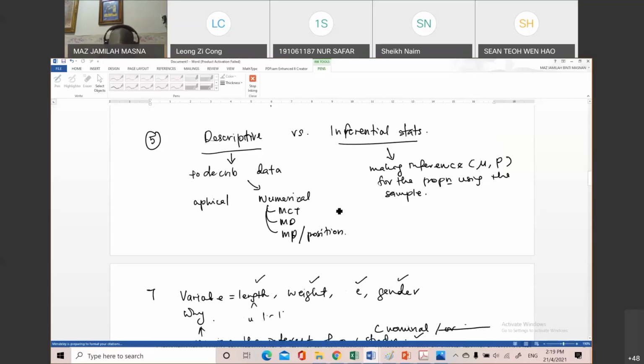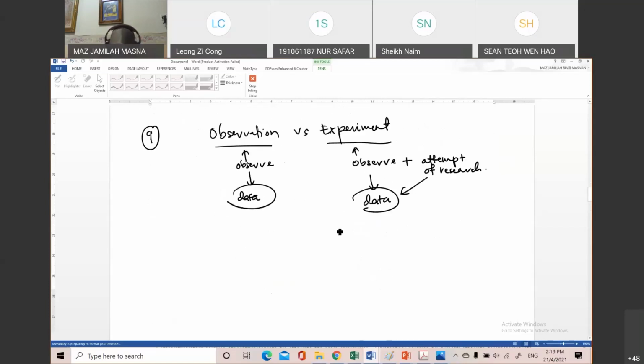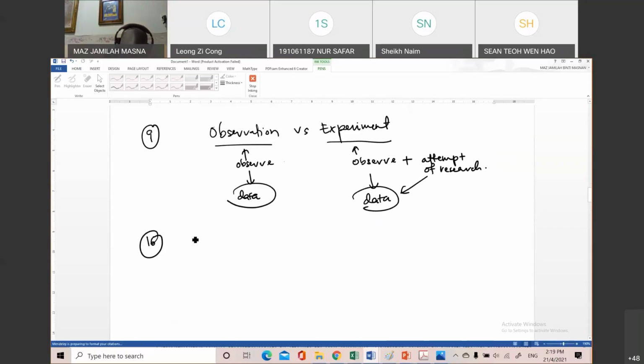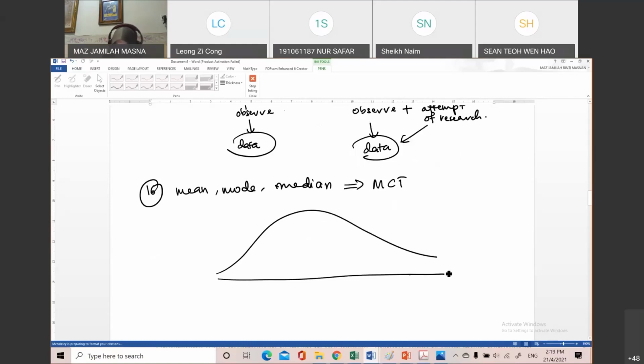And I think I need to give some illustration for this one. Number 16, we are talking about mean, mode, median. We know that all these are referring to what we call measure of central tendency, where all these values will concentrate in the middle value.